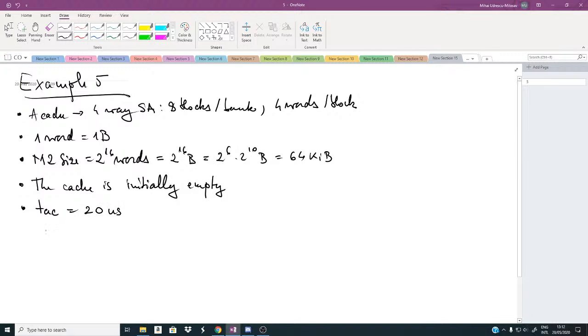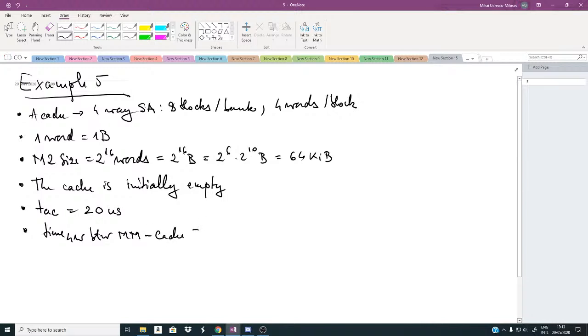The time required for moving 4 words, and that is a block, right? Moving one block between the main memory and the cache.